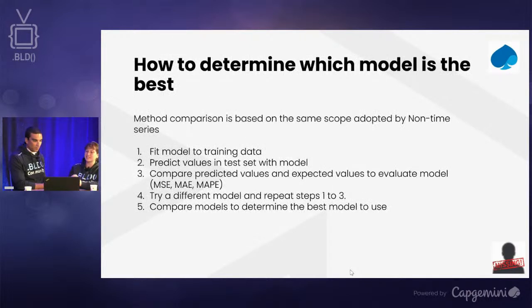So just to reiterate, Andre can take you through it again. All right, so we are pretty much reiterating what we did in our last example. It's pretty much the same way that we would do for time series, but we need to consider that there is a link between the time.